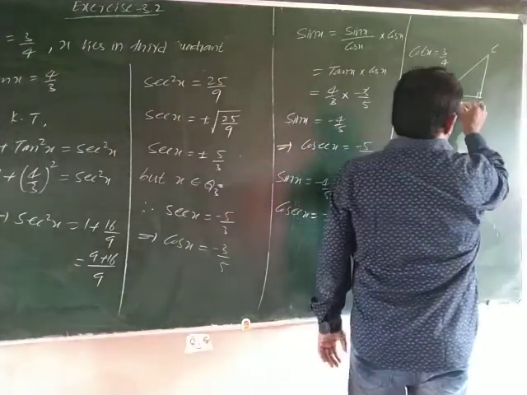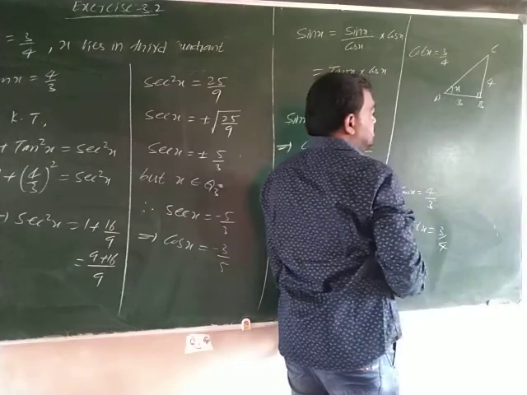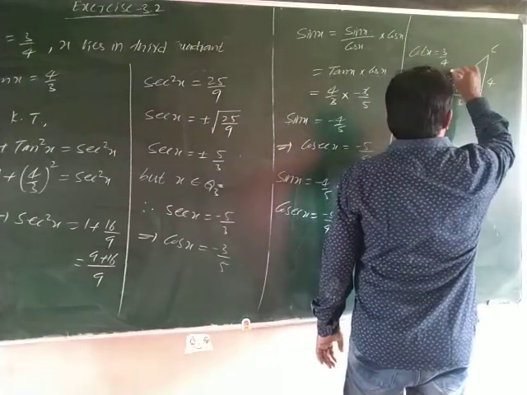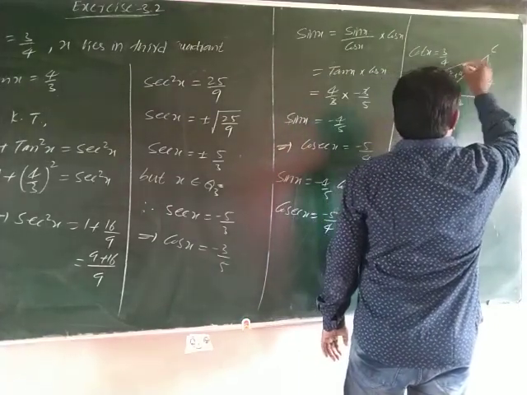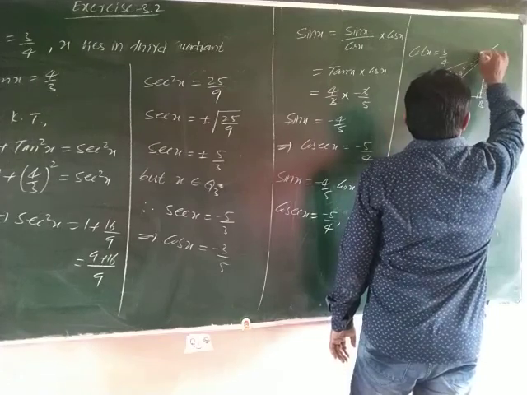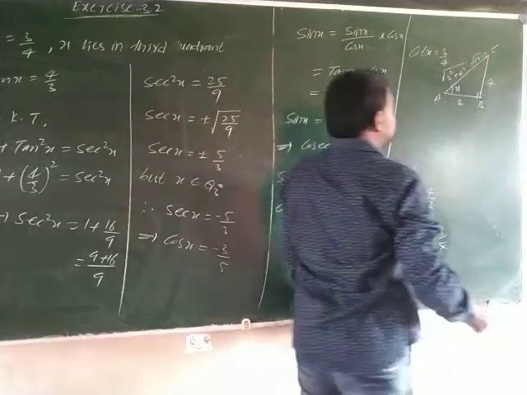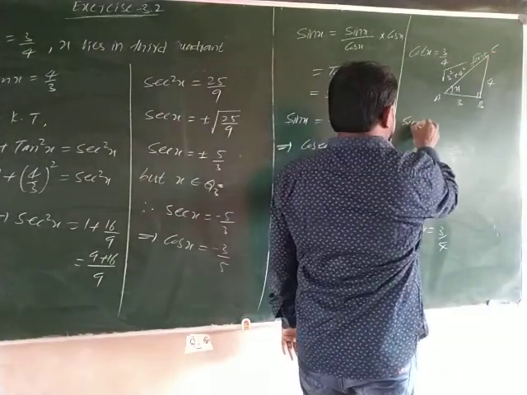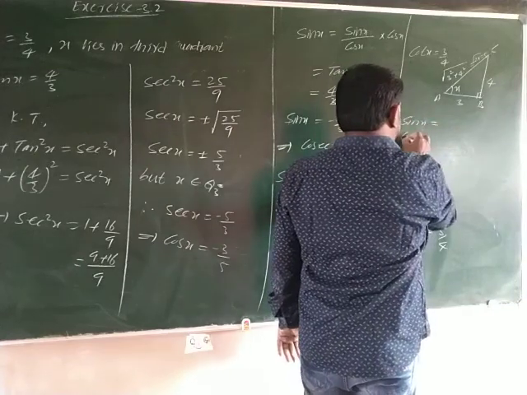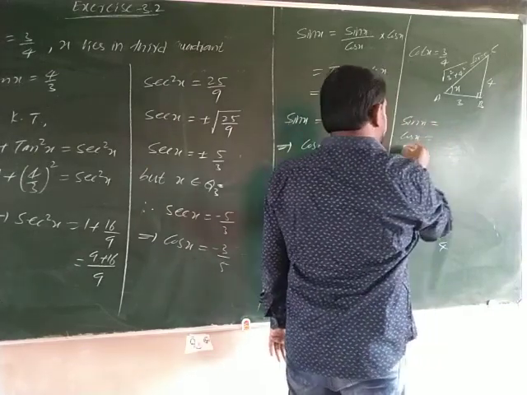Cot is adjacent by opposite. The hypotenuse is the square root of 3 square plus 4 square, from this 25, which is equal to 5 actually.